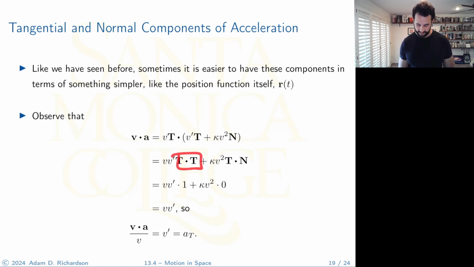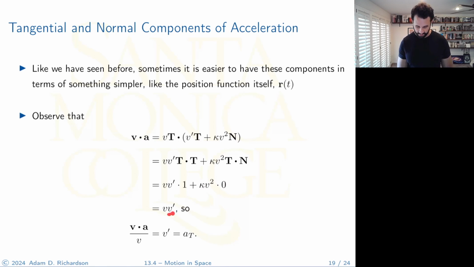But remember, T is a unit vector, and if you dot a unit vector with itself, they're pointed in the same direction, so the angle between them is 0, and cosine of 0 is 1. So T dot T is just 1. And also remember that T and N are orthogonal to each other, perpendicular, so their dot product is 0. So you get 0 right there. This entire term gets wiped out, and you're left with v dot a equals little v times v prime.